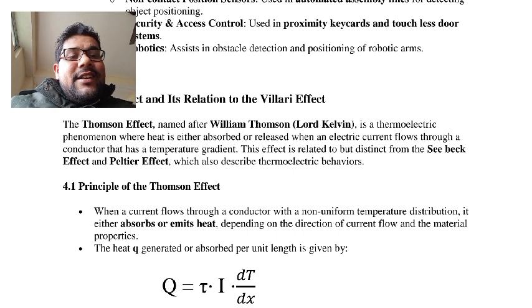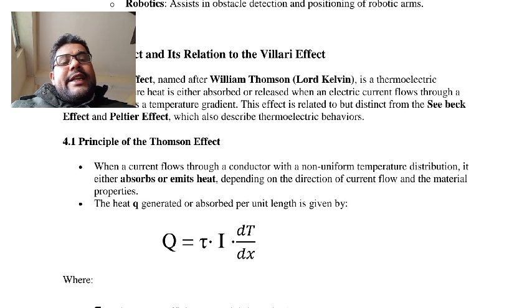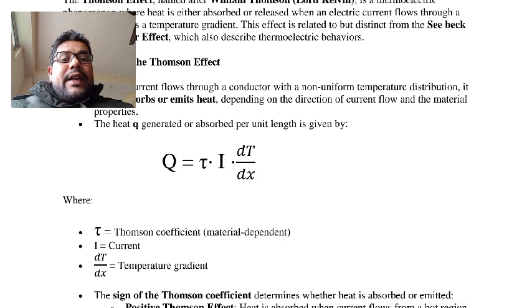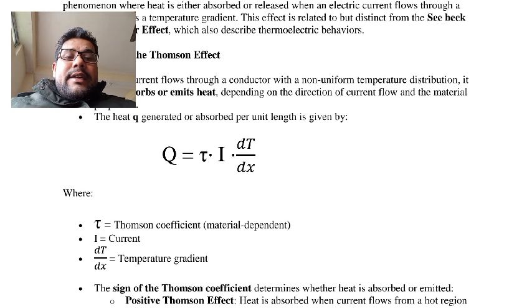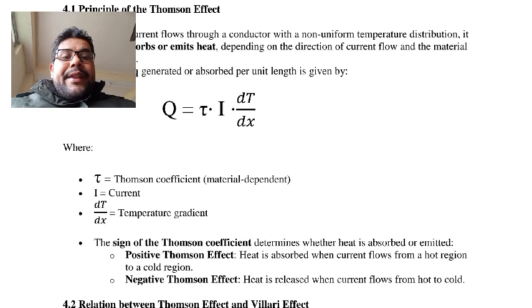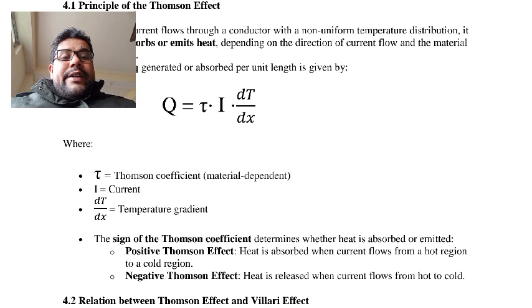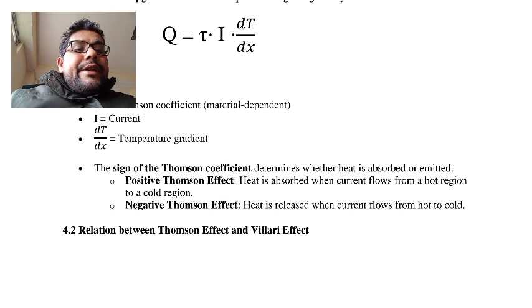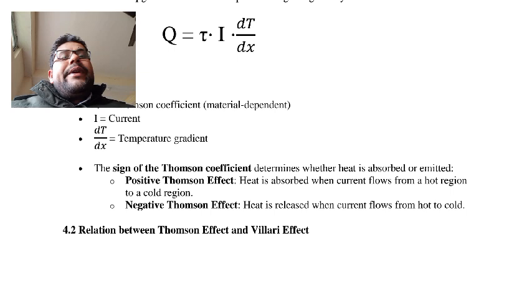The heat generated or absorbed per unit length is given by Q equal to tau I dT upon dx. Tau is the Thomson coefficient, which depends on the material, I is the current, and dT/dx is the temperature gradient. The sign of the Thomson coefficient determines whether the heat is absorbed or emitted.